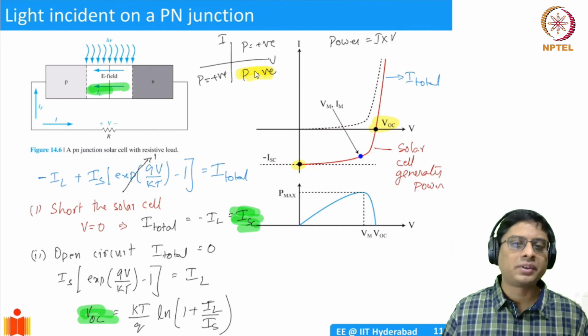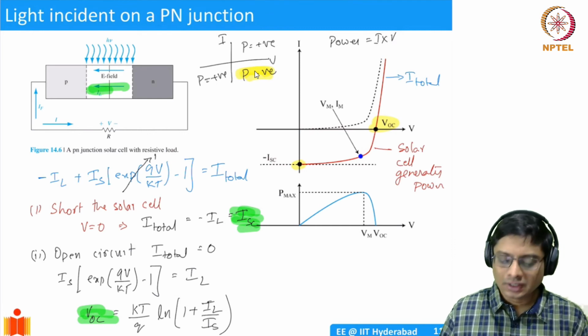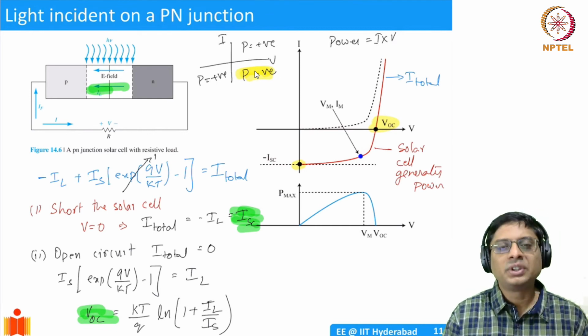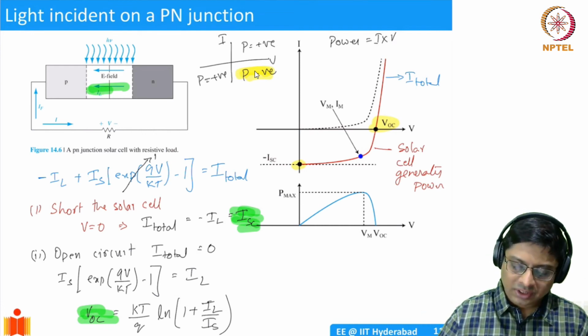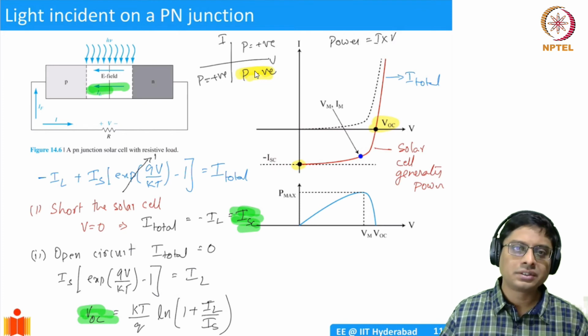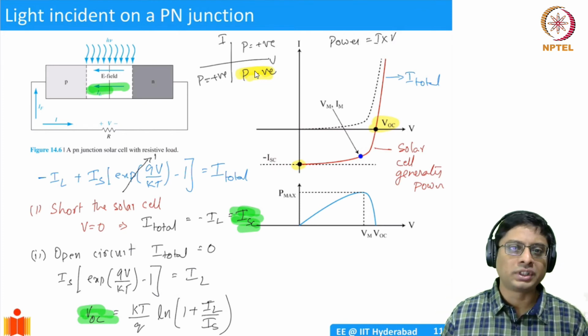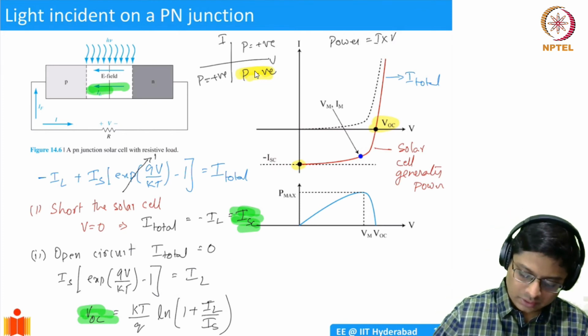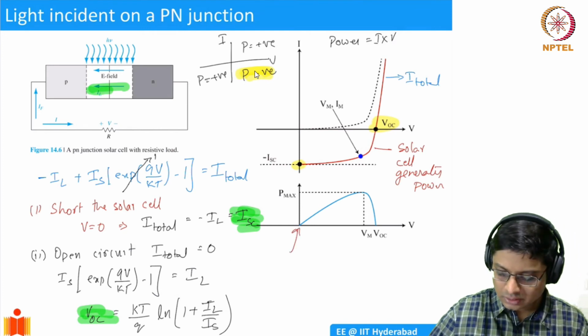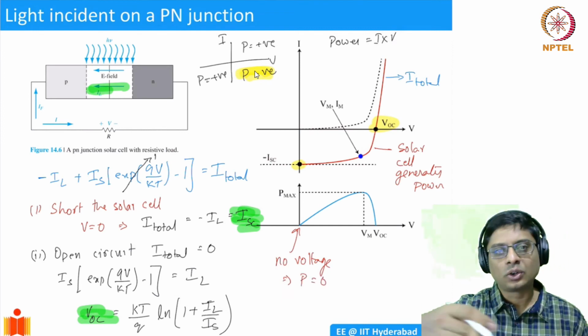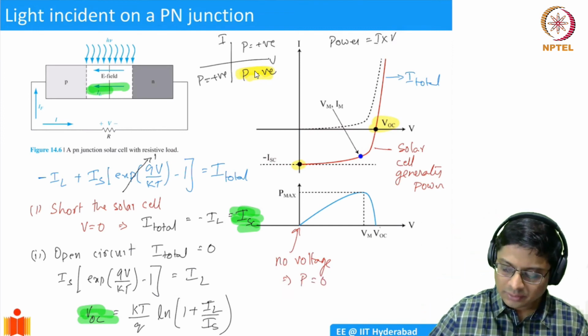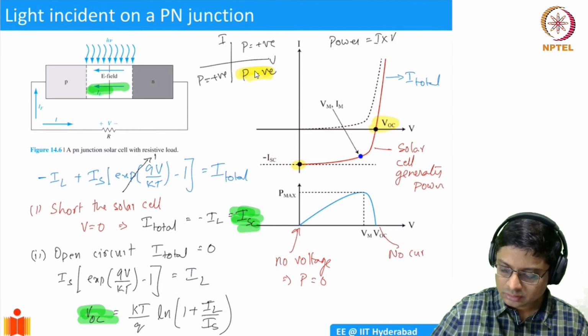So what is the range of power that you can generate from a solar cell? Well, it goes between two extremes. Power is basically the voltage into current. When you are in the short circuit condition, you have current there, but there is no voltage, so power is zero. At the open circuit condition, you have no current, so P is zero.